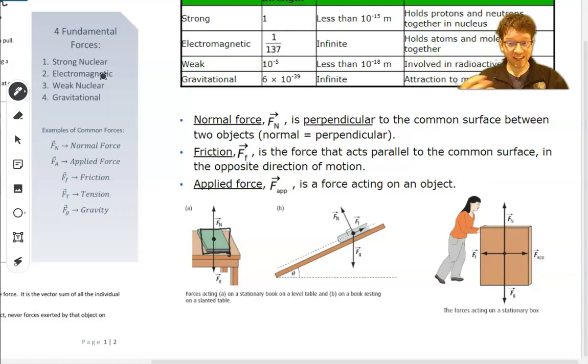So you have negative charges on the outside of the book and on the outside of the table. They can only get so close to each other, right? So gravity is trying to pull them closer together, but because like charges repel, the electromagnetic force is pushing them away. So the normal force is actually just the electromagnetic force.